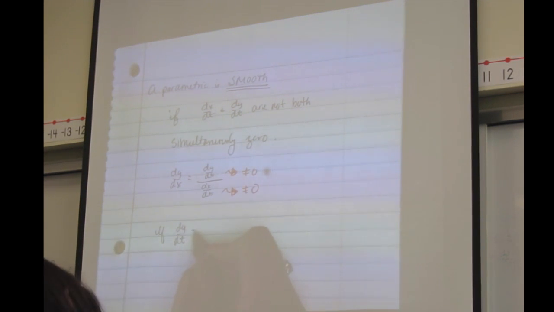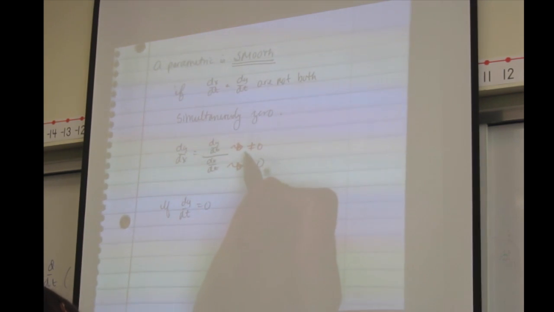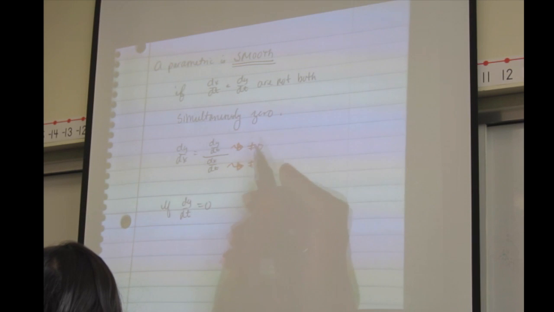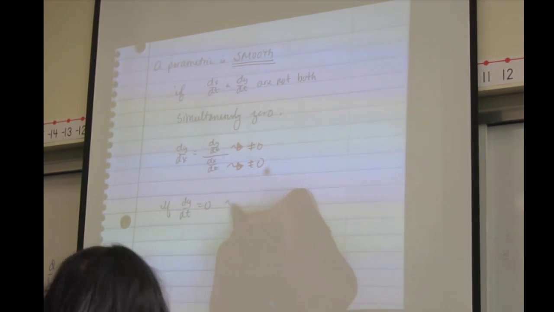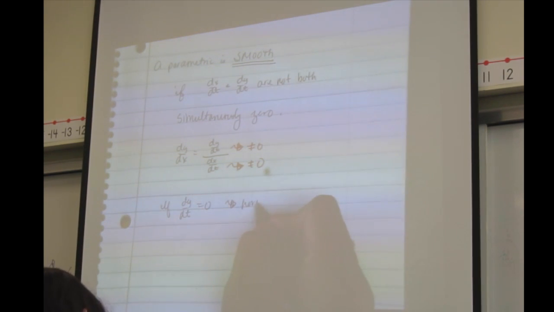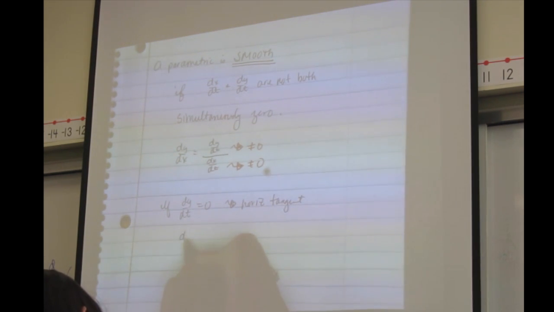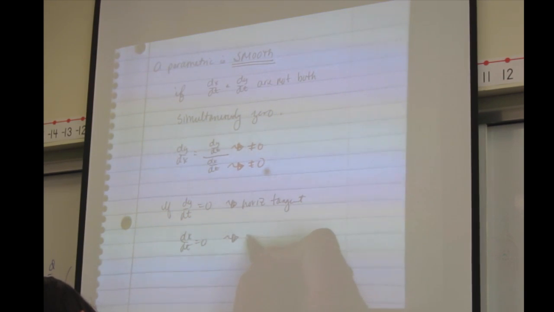If dy/dt is zero, what kind of line do you have, vertical or horizontal? Horizontal. You have a horizontal tangent, and if dx/dt is zero, then you have a vertical tangent.